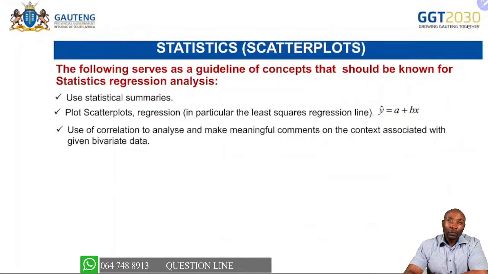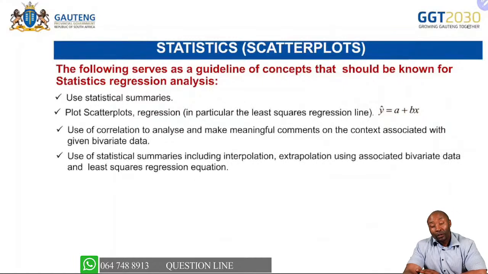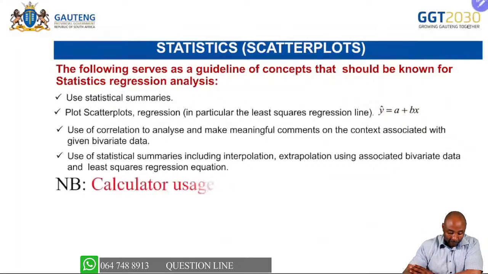We should be able to use the correlation coefficient to make comments that are associated with the bivariate data. We should also be able to use statistical summaries to interpolate, extrapolate, and use the least squares regression line. And we should also be able to plot the regression line, which is known as the line of best fit.